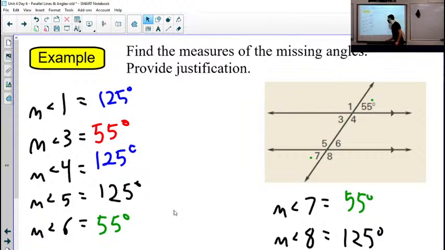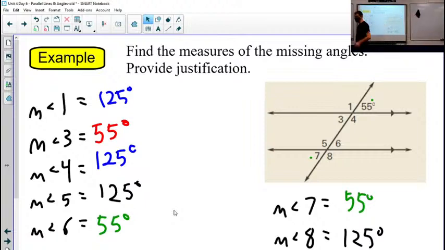And then building those angles, we can get some of the other angles. So we can say 3 and 5 are consecutive interior, so they need to be supplementary. We found 3 was 55, so with consecutive interior, 5 needs to be supplementary to it, 125, and so on from there.